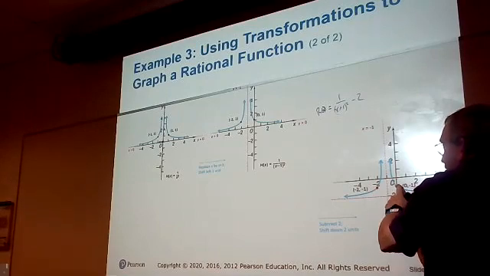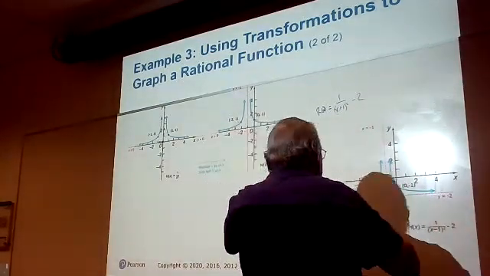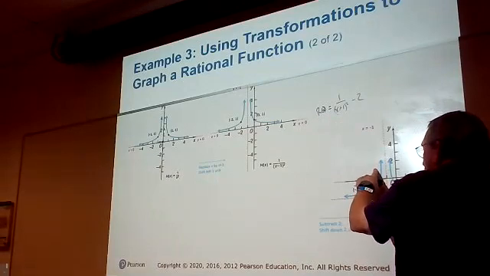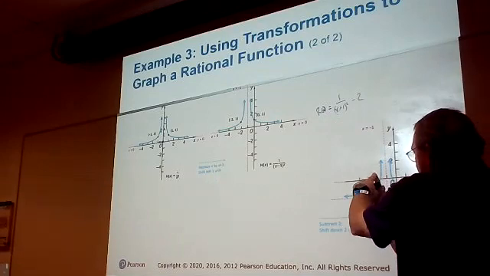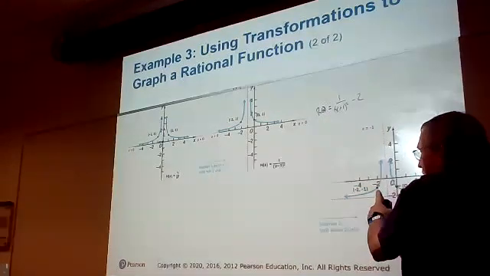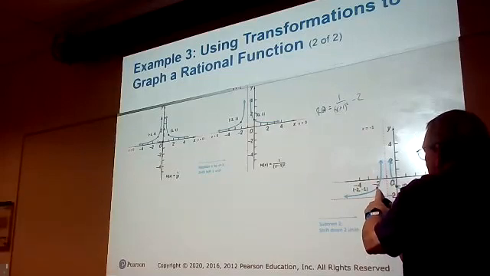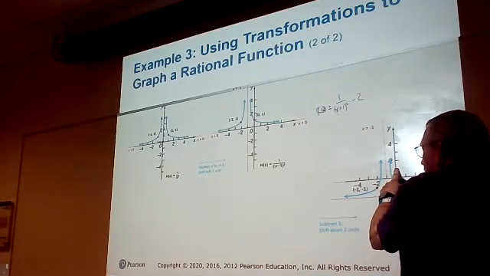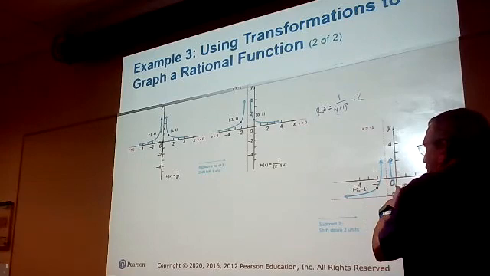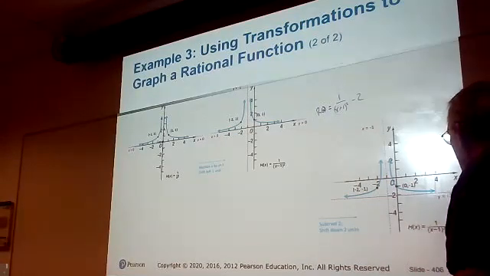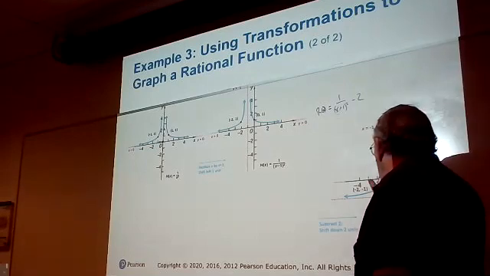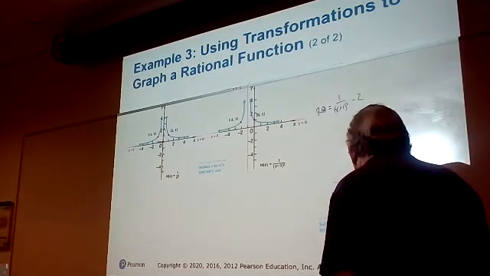And that means these 2 points, -1, 1 got moved to -2, 1, which got moved to -2, -1, because we dropped down 2 units. 1, 1 got moved over to 0, 1, and got moved down 2 units to 0, -1. My x-axis got moved down to -2. My y-axis got moved over to x equals -1.